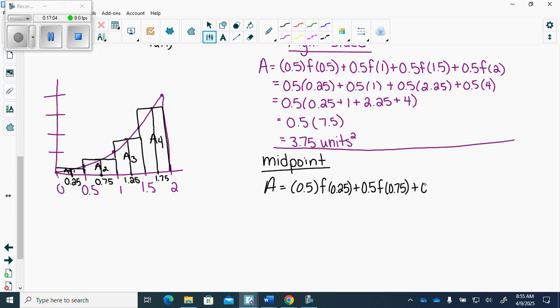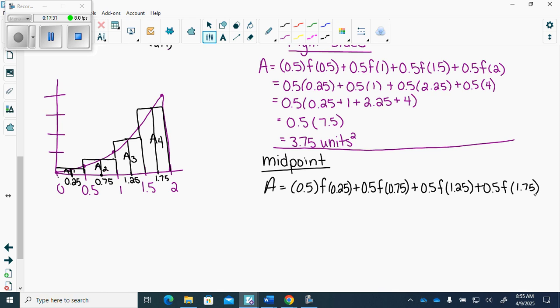Then plus 0.5 times f of 1.25. And plus 0.5 times f of 1.75. Easy to find f of those numbers because the original equation is just x squared, right?